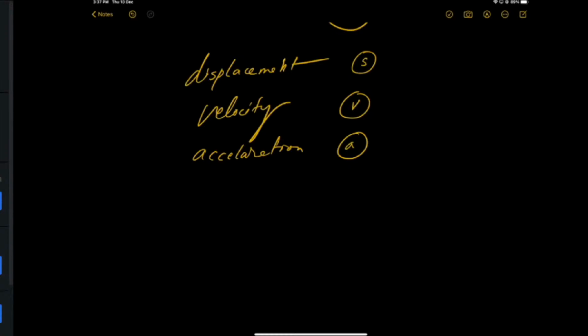You use the laws of physics to derive expressions for how the displacement, velocity and acceleration of a particle change with time.